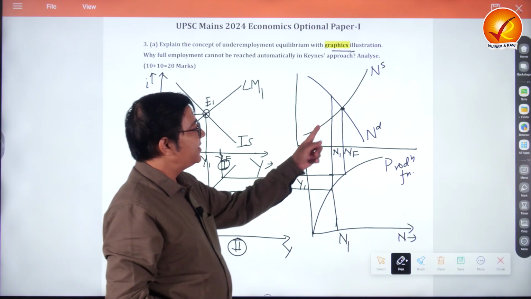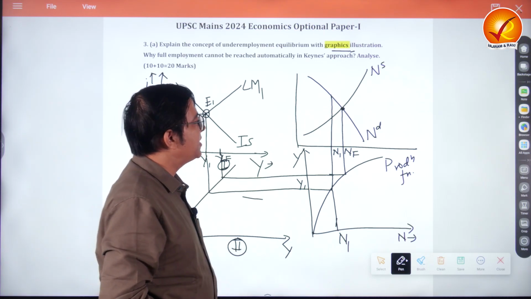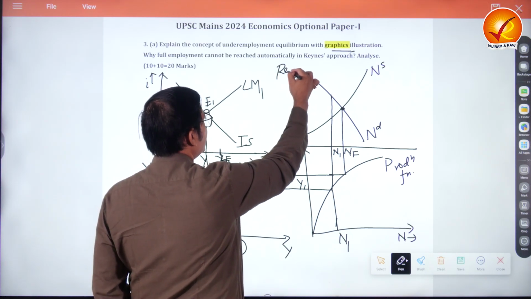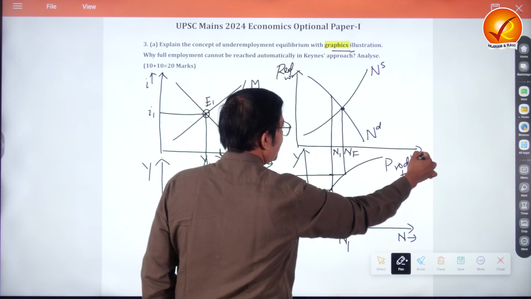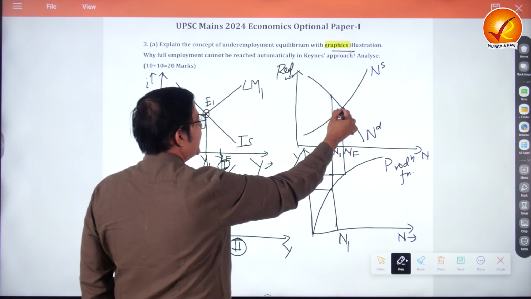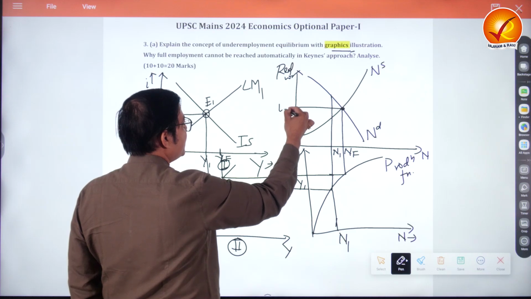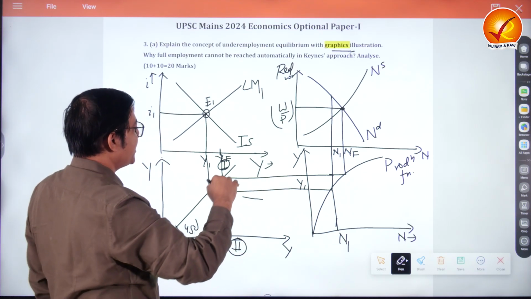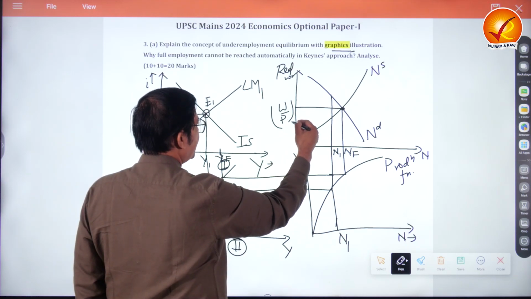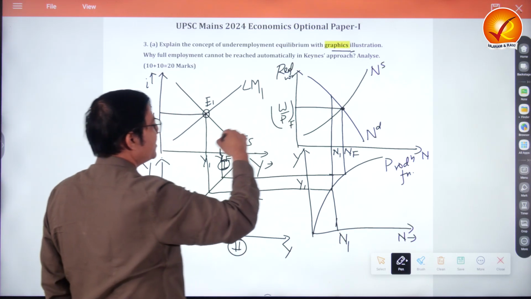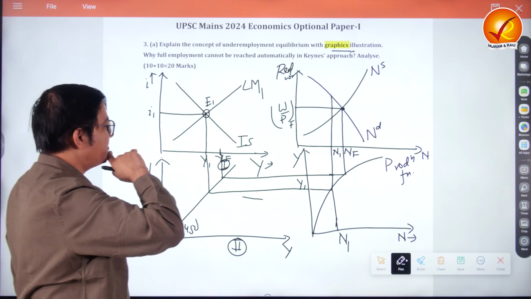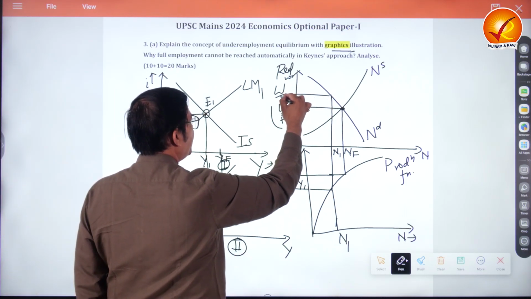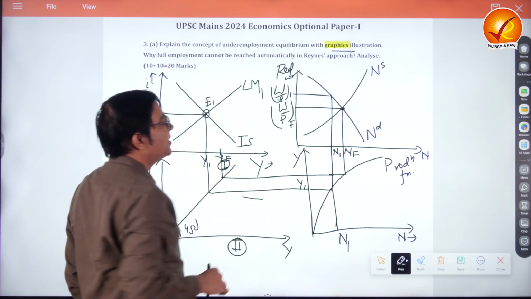In that case, can you see what is happening here in the labor demand supply curve? Here we have real wages, and here we have employment again. The equilibrium real wage in full employment is W/P F, but actually in the equilibrium we have W/P 1.